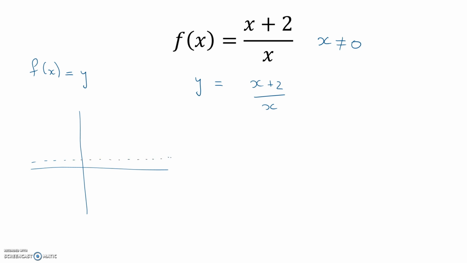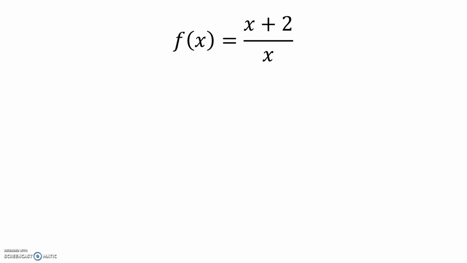Can't take the value of that, so our graph would look like that and like that. More or less, that's just a rough sketch. But we can see from that that it is one-to-one, which is important shortly.